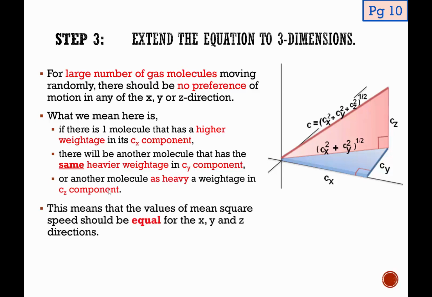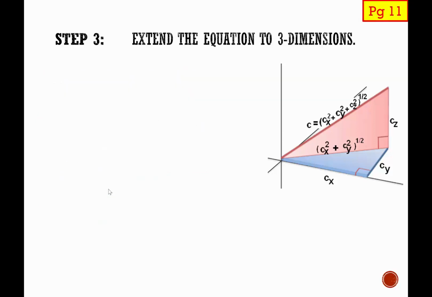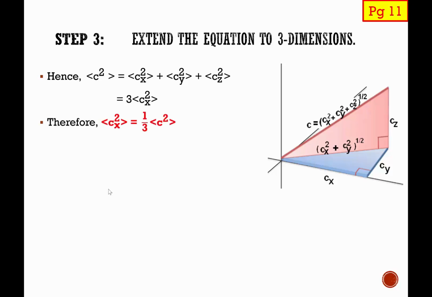So this means that the value of the mean square speed should be equal for the x, y, and z direction, i.e. cx square average must equal cy square average, which must also equal cz square average. Therefore, c square average equals the sum of the averages in the x, y, and z direction, which is essentially 3 times cx square average. So therefore, we have cx square average equal to 1/3 of c square average.